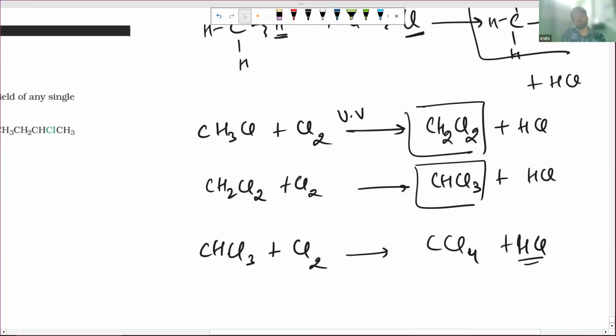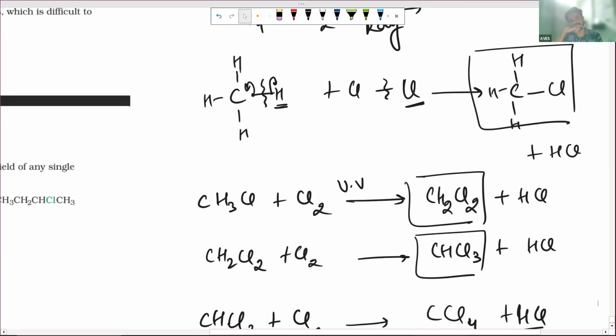We will get all of them. This reaction does not mean that it proceeds step by step. CH2Cl2 will be in the mixture, CHCl3 will be in the mixture, CCl4 will be in the mixture, and this one is also in the mixture. Understood?